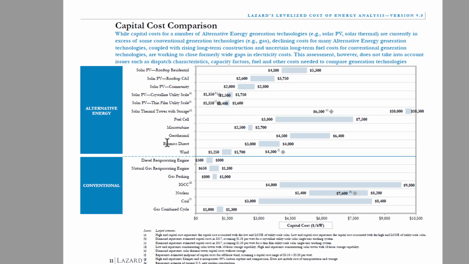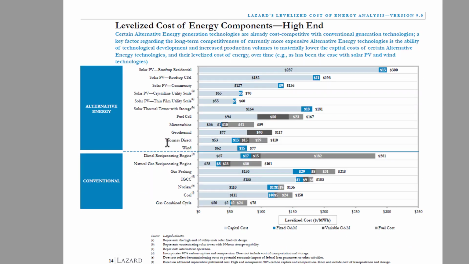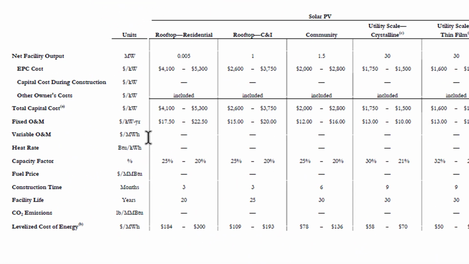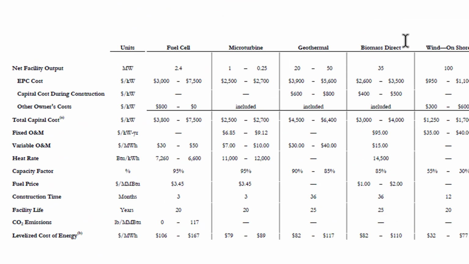They have nice little football field diagrams with levelized cost of analysis. It all looks very fancy. And then you get down to the heat rate in just a minute.